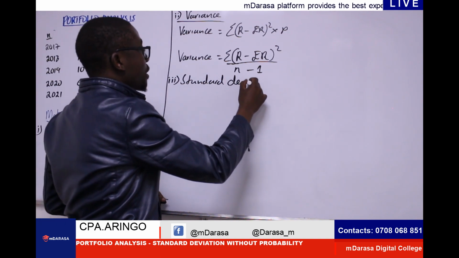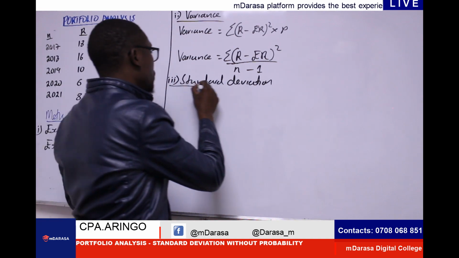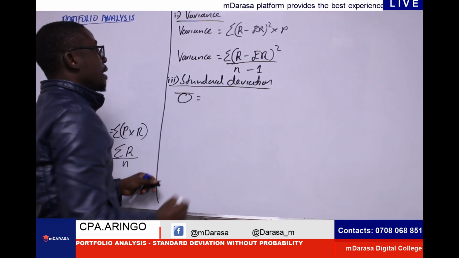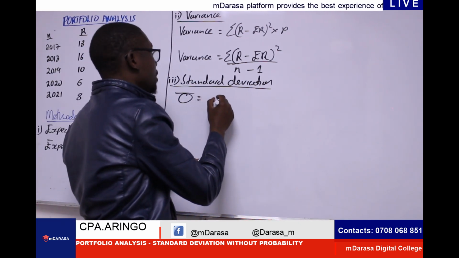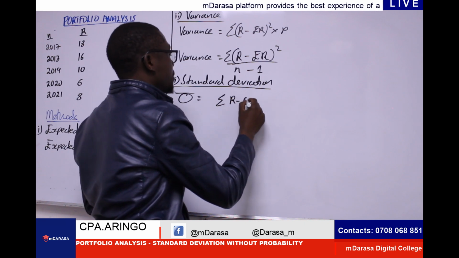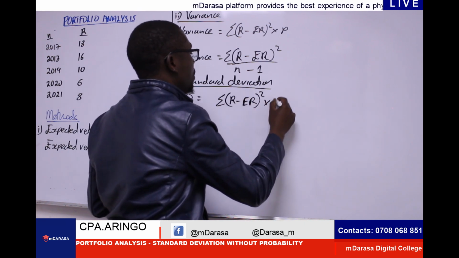That took us to number 3, standard deviation. So how do you determine your standard deviation? We said that this is simply the square root of variance. If you talk of the first one, I'll be having r minus expected return, squared, times probability.